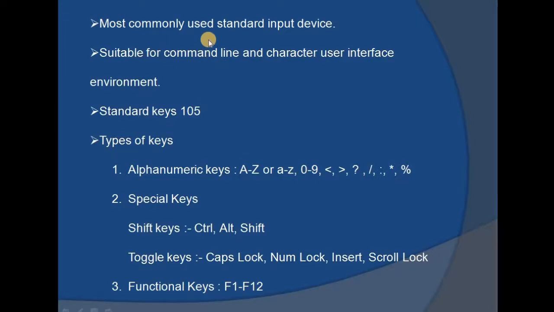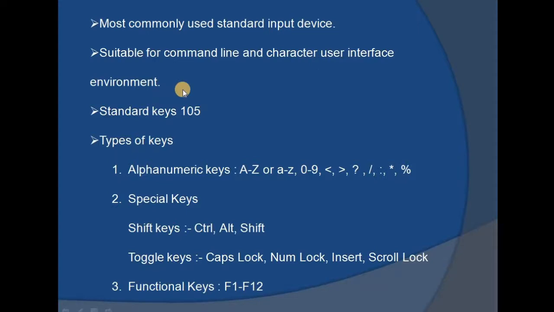The keyboard is the most commonly used standard input device. Most of the time we use the keyboard and mouse. Before the mouse we did everything with keyboards, but for the graphical user interface we use the mouse. Whenever we want to give character input, which can be alphabets or alphanumeric, the keyboard is suitable for the command line, character user interface environment.